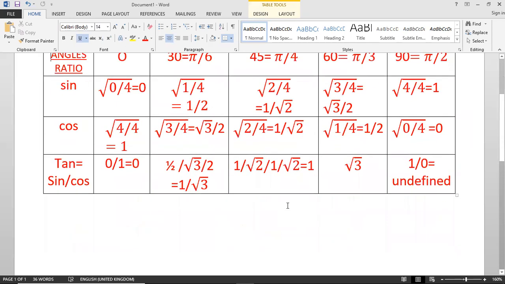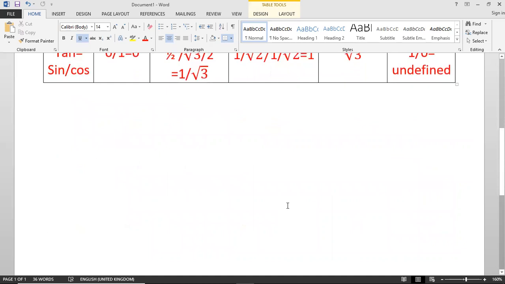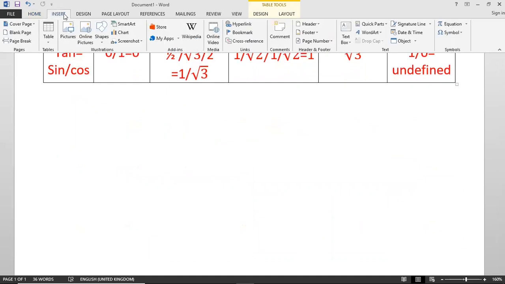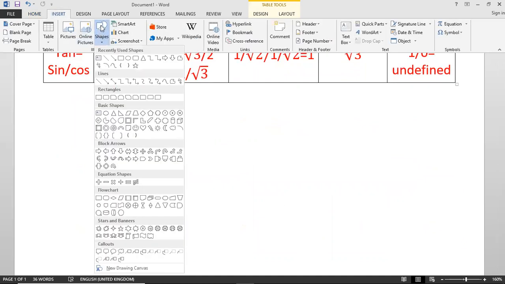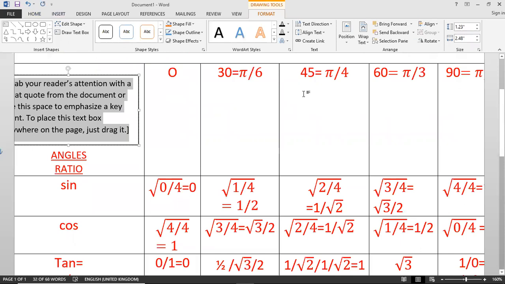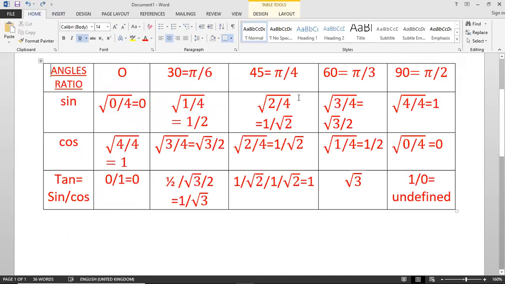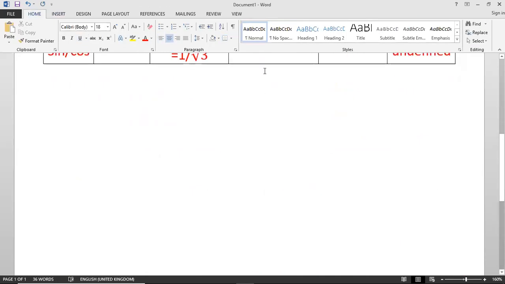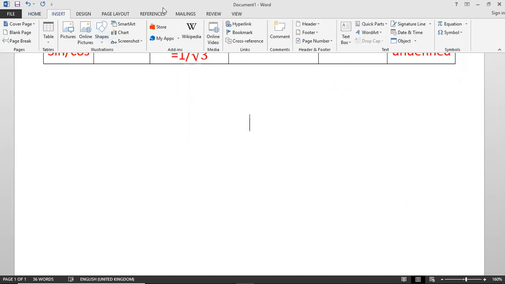Now I have to attach this concept with another thing, which is about how to use a geometrical concept for this.